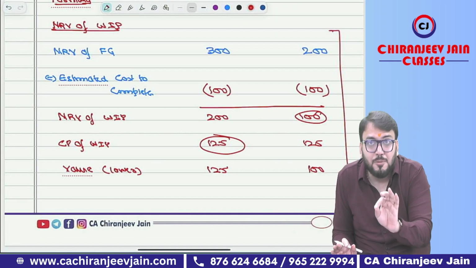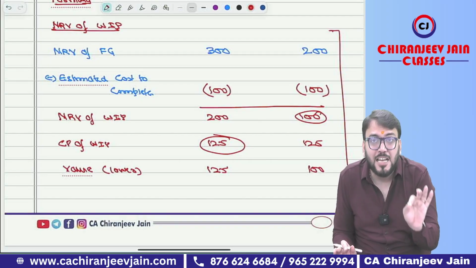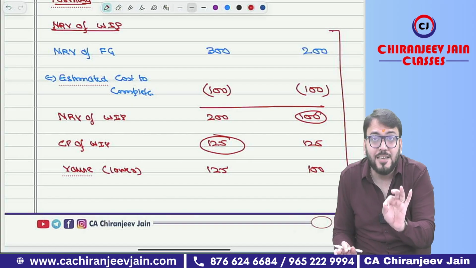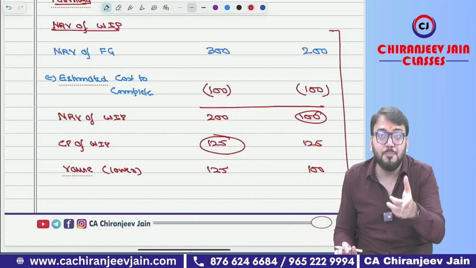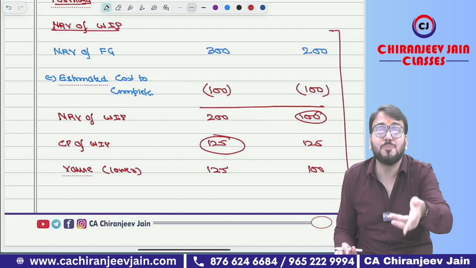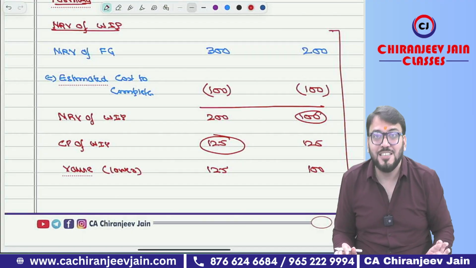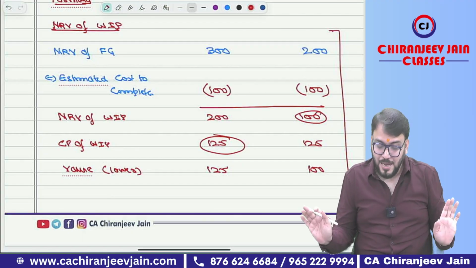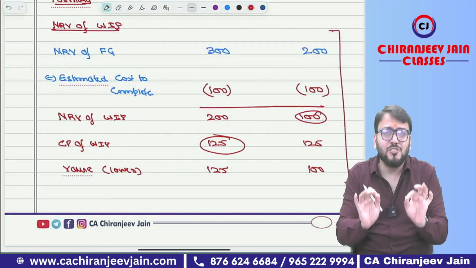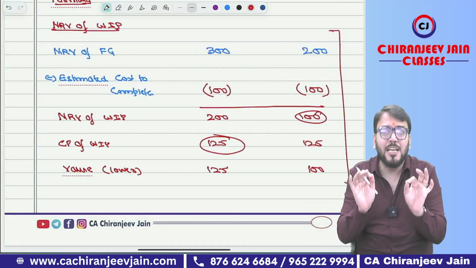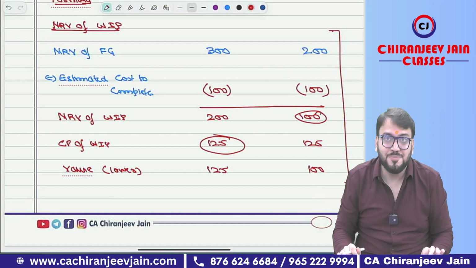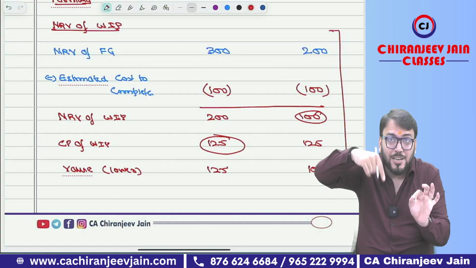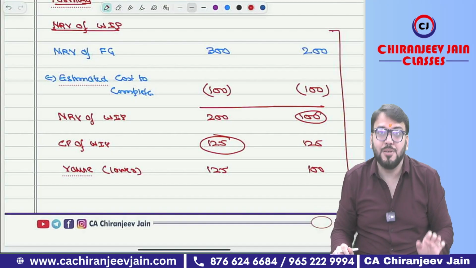What is the NRV of WIP? NRV of WIP is NRV of finished goods, and from that deduct the estimated cost to complete. So you will get NRV of WIP. Then compare NRV of WIP with the cost price of WIP. You'll get the value. Understood? The main objective of AS2 is to find out the expected loss on sale of finished goods which we are going to produce from that WIP.